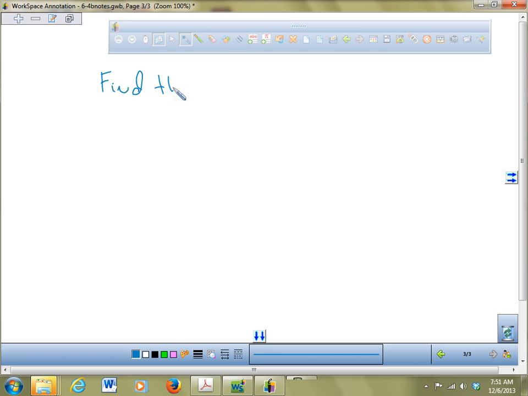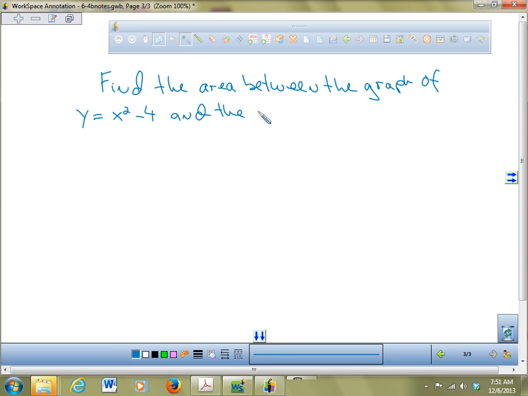Find the area between the graph of f of x, or y equals x squared minus 4, and the x-axis on 0 to 4. Okay?